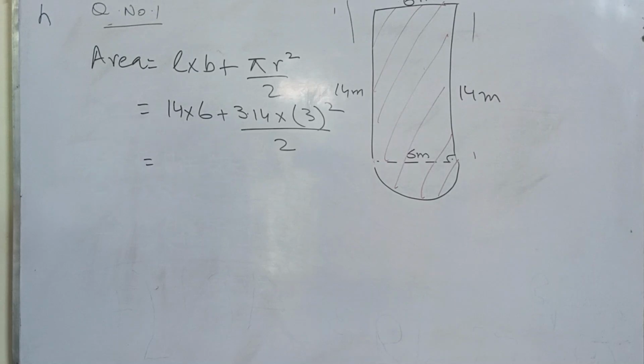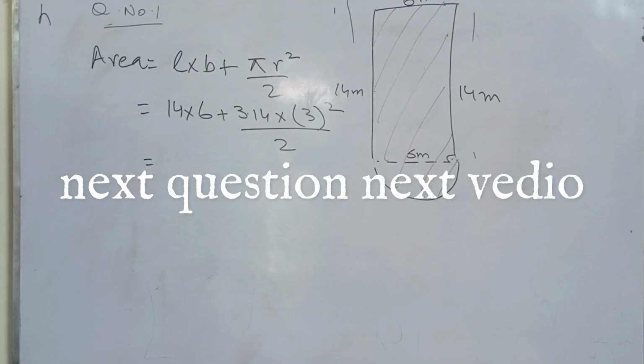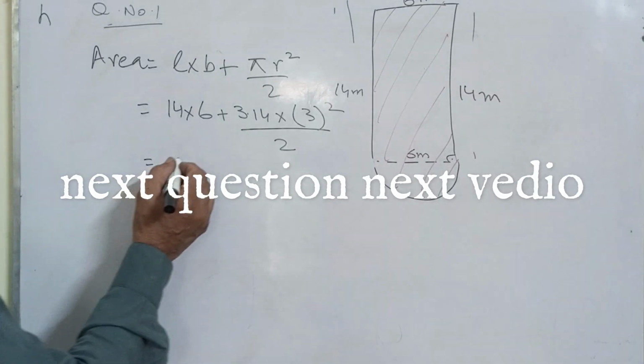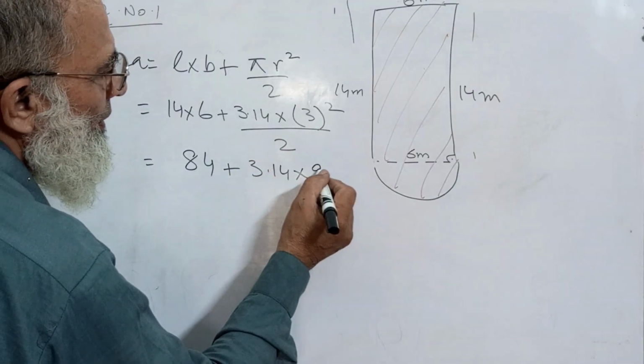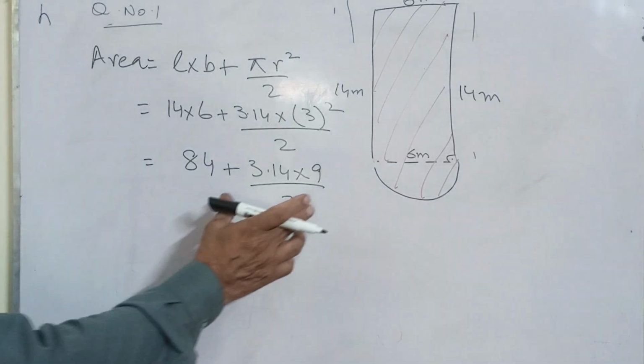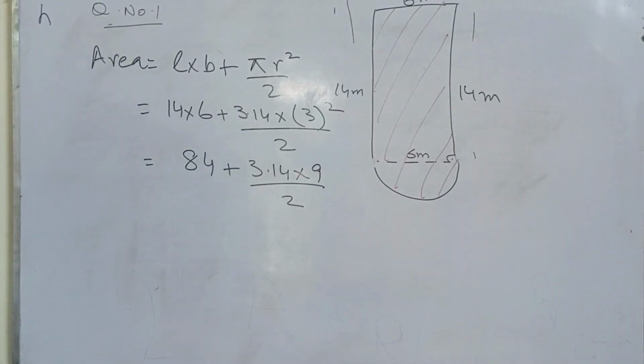So 14 6 times is 84, plus it will become like this. Okay, so calculate this first. 3.14 multiplied by 9 equals this, divided by 2 equals 14.13.